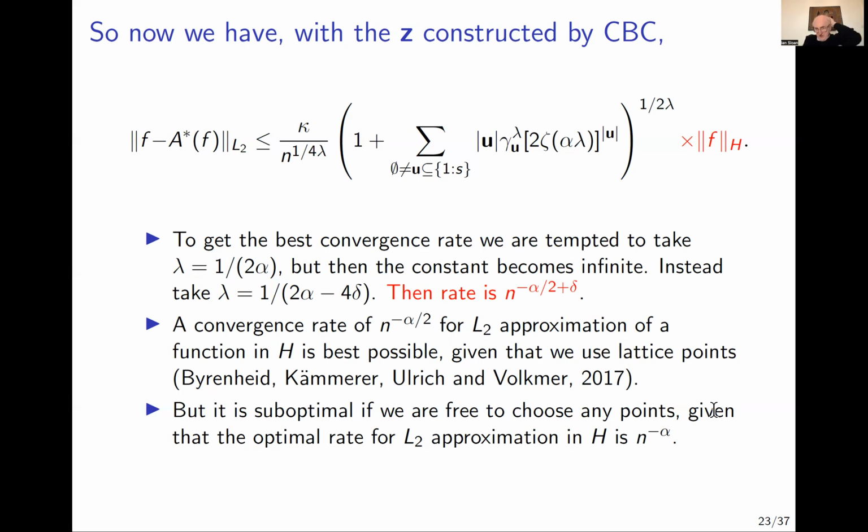Whereas it's suboptimal if you're allowed to choose any points, given that the optimal rate of convergence for L2 approximation in H is n to the minus alpha. Okay, so that's something we live with, that we have a suboptimal rate for our worst case error.